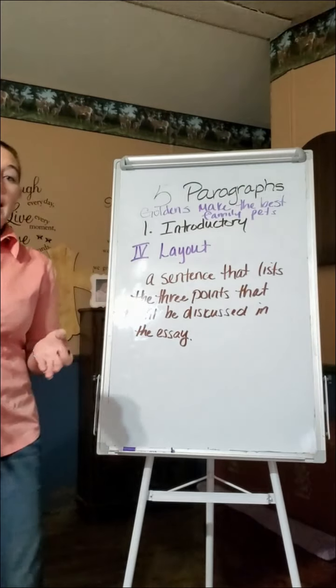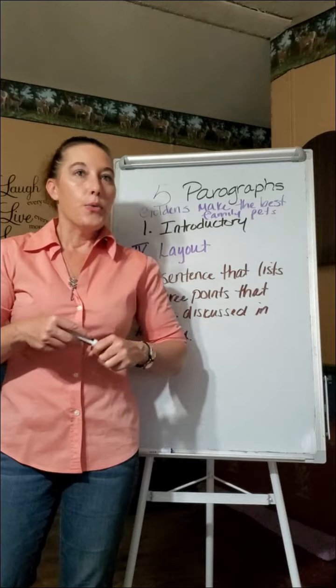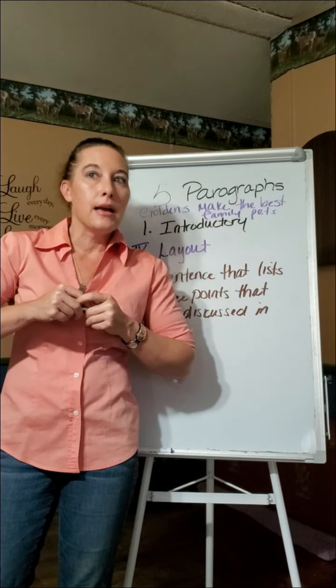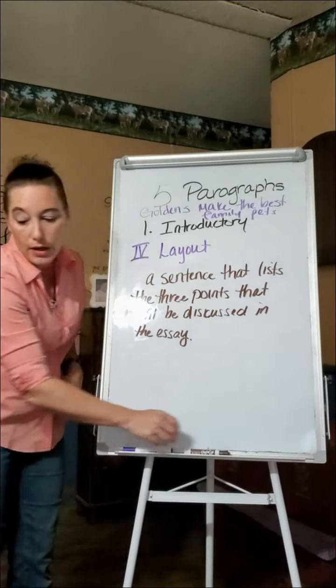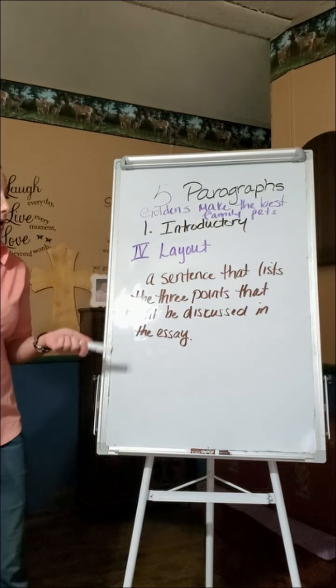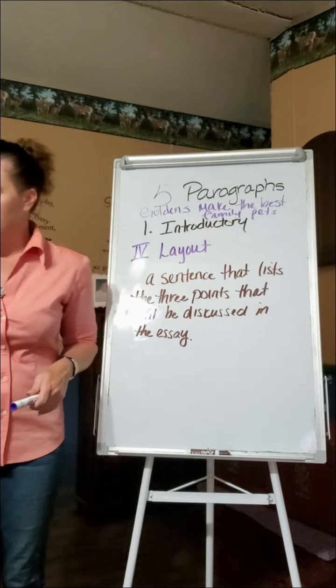So when we are trying to actually figure out what we're going to be talking about within an essay, we have to come up with reasons that prove our argument. For instance, we have to come up with 3 reasons golden retrievers are the best family pets.